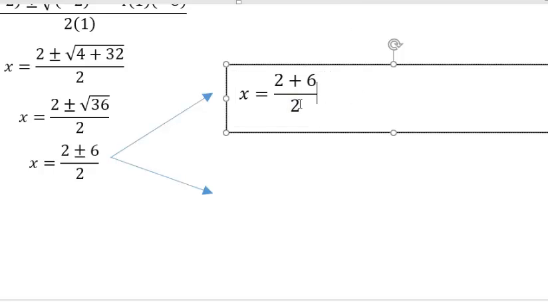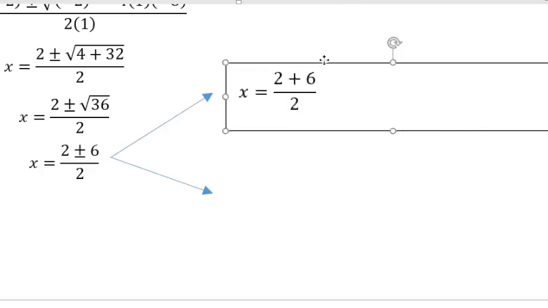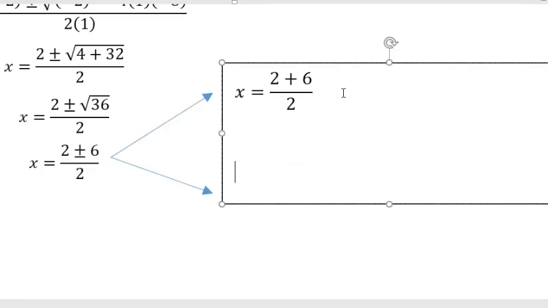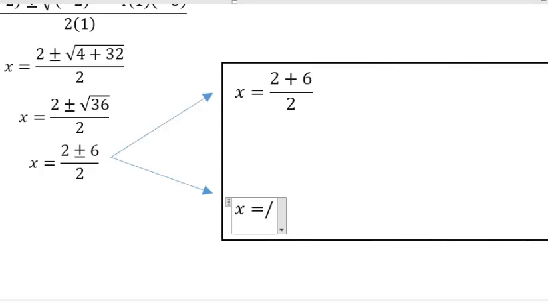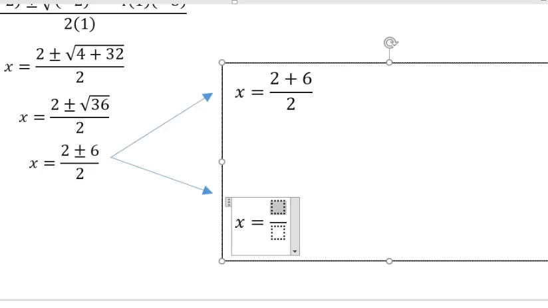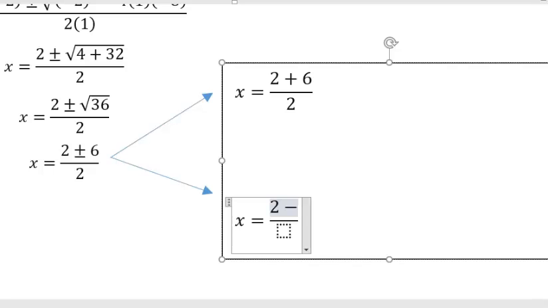And after the other arrow, you're going to put x equals the same thing, but instead of plus, you're going to put the minus. That's what I mean when I say that you split the possibilities. It could be either 2 plus 6 divided by 2, or it could be 2 minus 6 divided by 2. And we're going to solve each one of these.